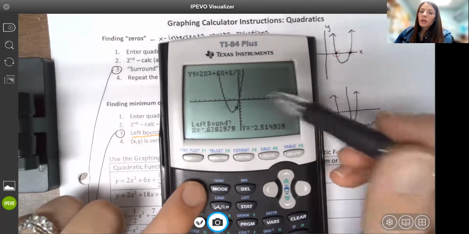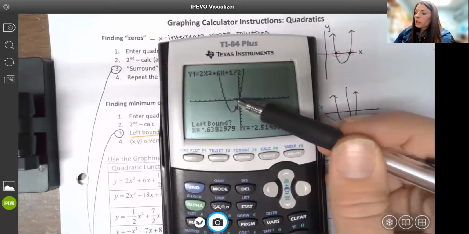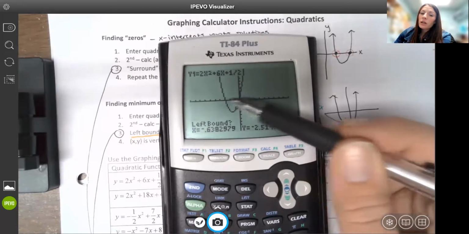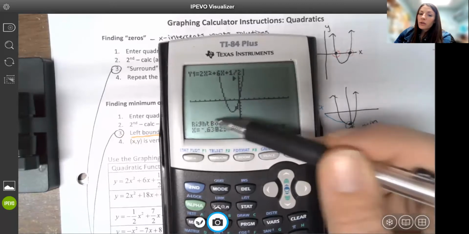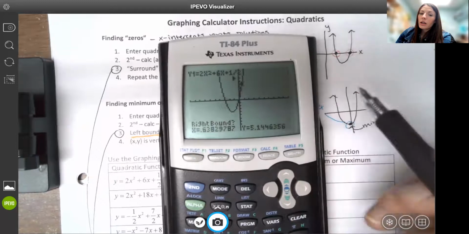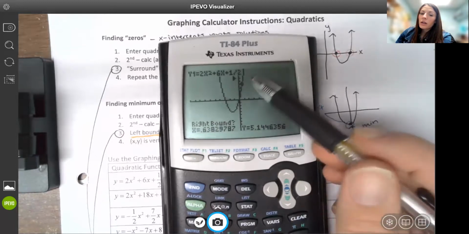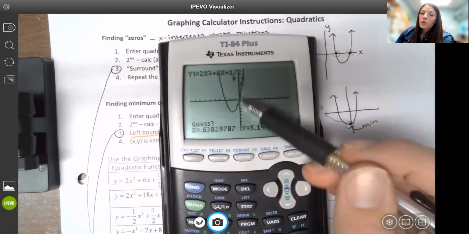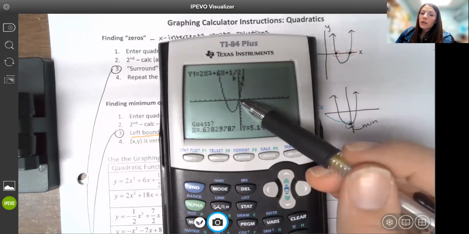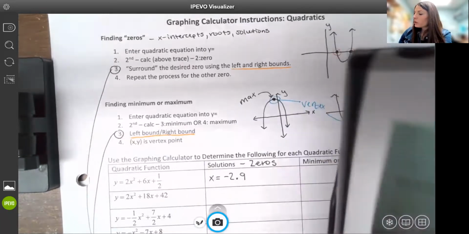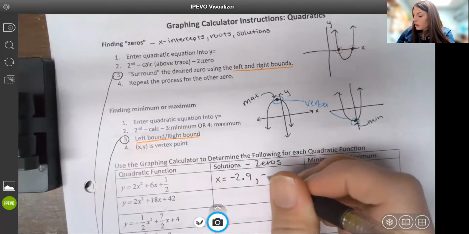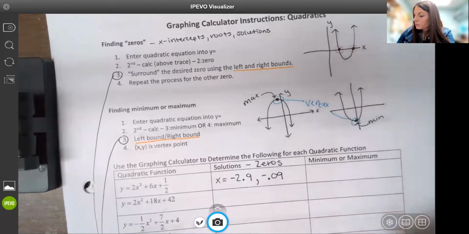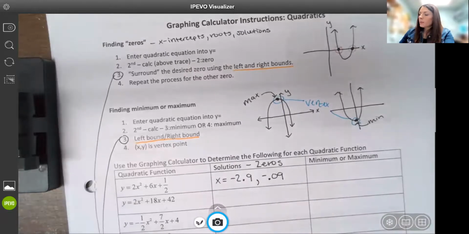So once I'm getting kind of close to it, but I'm on the left side of that point, horizontally going left here, left side of that point, I hit enter for the left bound, go above it, now I'm to the right side of that point, hit enter, and it'll search between where I put those 2 enters to find that 0, hit enter again, and there's my other 0, rounded, giving me -0.09 there for my zeros, okay?